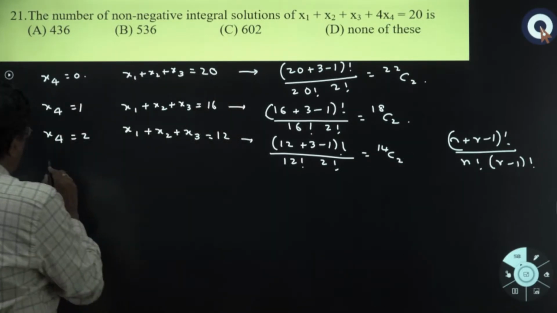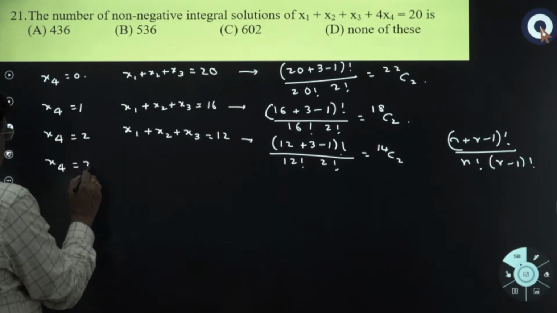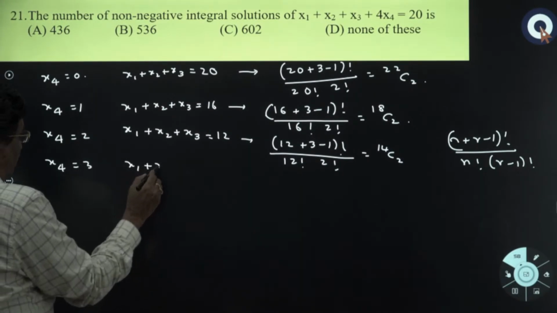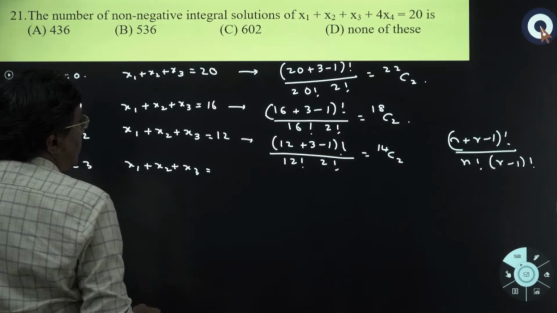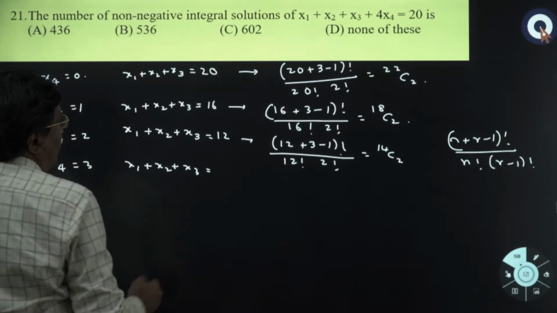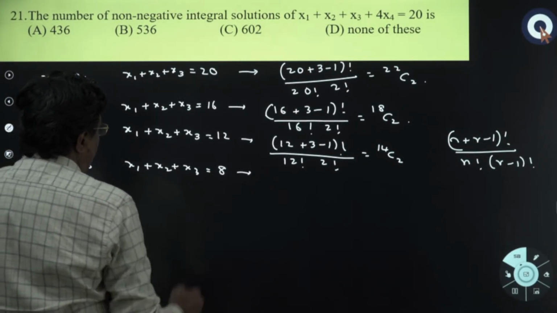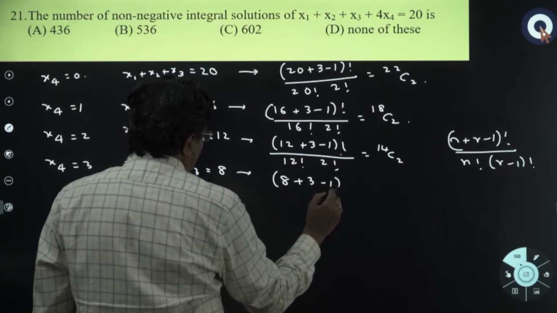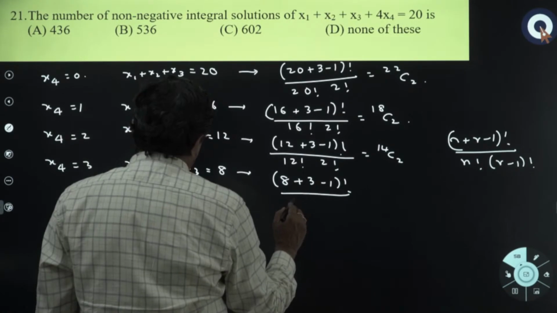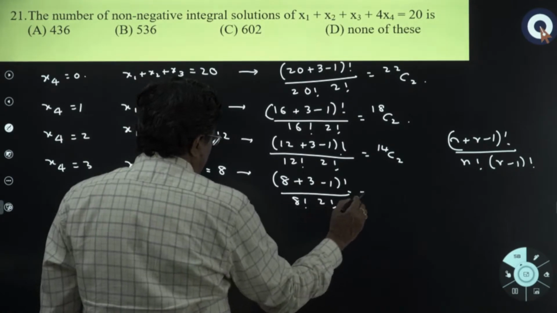And if x4 is equal to 3, that means 12, so x1 plus x2 plus x3 is equal to 20 minus 12, which is 8. So it is a question of distributing 8 identical apples. So 8 plus 3 minus 1 factorial by 8 factorial into 2 factorial. So this is 10 C2.